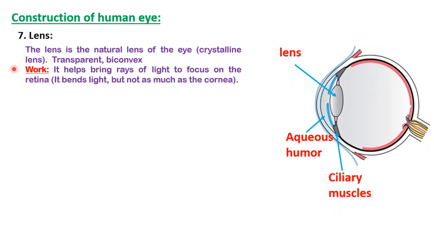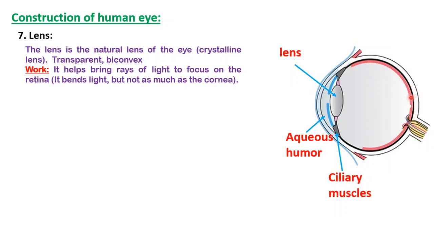So what is the work of this lens? It helps bring rays of light to focus on the retina. Focus on the retina means whichever light falls on the lens is converged to a point on a screen, which is called the retina.